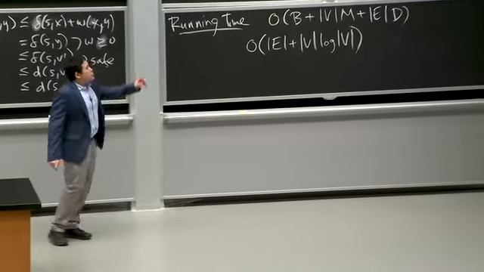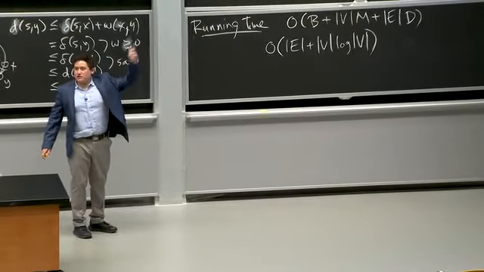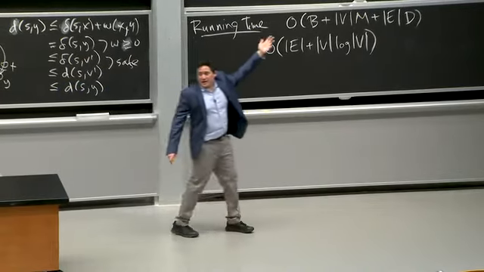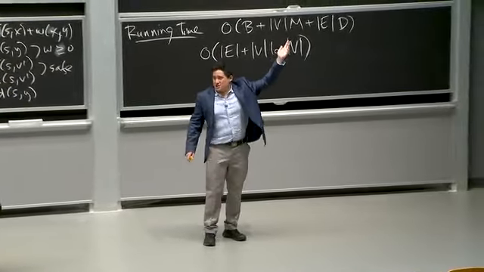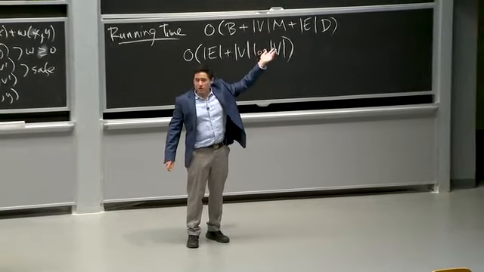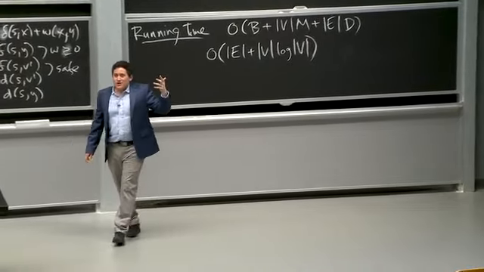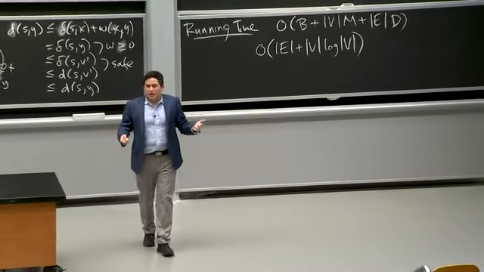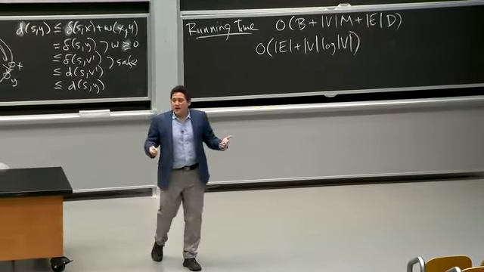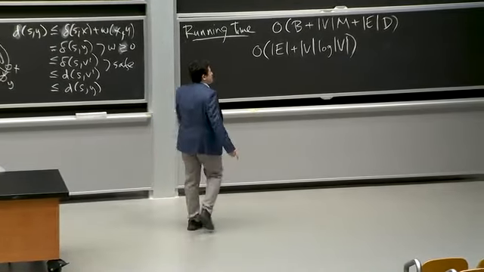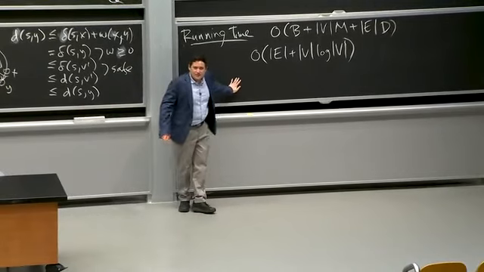But if you happen to know that your graph is sparse or dense, just using an array or a heap is going to get you just as good of a running time, very close to linear, right? And so in practice, most people, when they're implementing a graph search algorithm, know if their graph is sparse or dense, and so they never bother implementing a Fibonacci heap, which is a little complicated, okay?